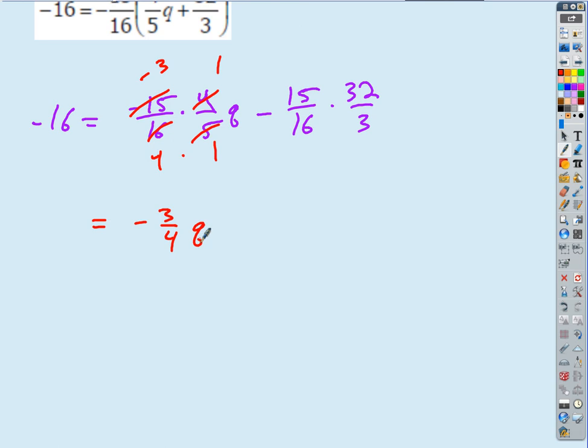How about over here? -15/3, or I'll just leave the negative in the middle. 15/3 reduces to 5/1, good. 32/16. Yeah, 2/1. So I get 5 times 2/1 times 1. That's just -10, right? And then -16.